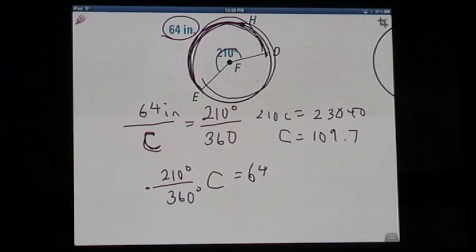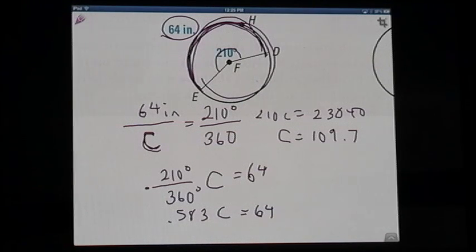So I can go ahead and divide that out and say 210 divided by 360 is 0.583 C. And then divide both sides by 0.583. 64 divided by 0.583 is equal to 109.7.